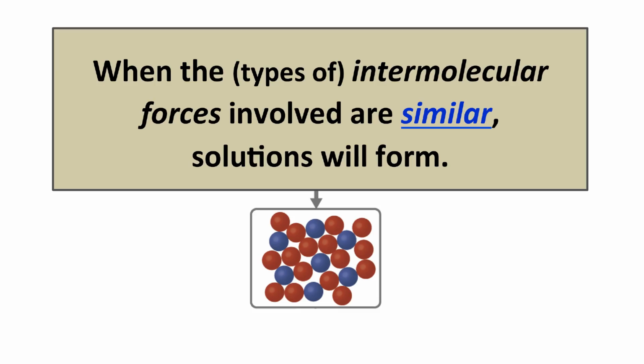And what we find is when the type of intermolecular forces involved in solution formation are similar, in other words, if the solute-solute attractions and the solvent-solvent attractions are similar, then solutions will form. And here similar means similar type and relative strength of intermolecular attractions.